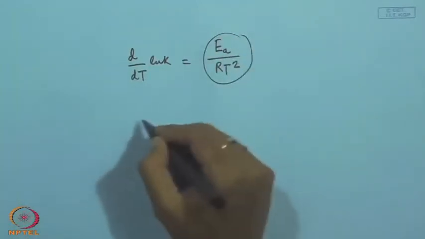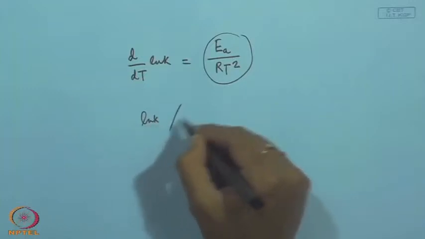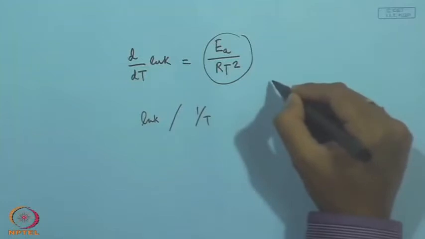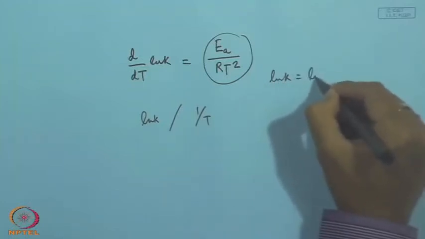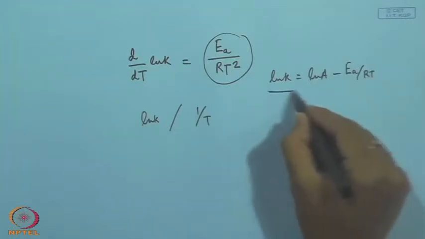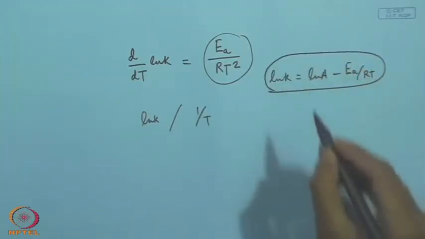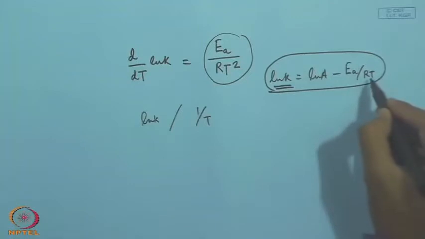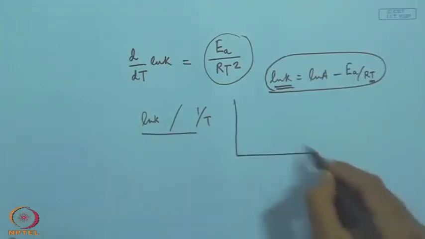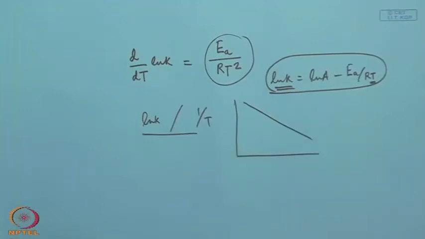Therefore, if you plot ln k versus 1/T, taking the logarithm of your original expression, then ln k = ln A - E_A/RT. If you plot this, it will give you a straight line with a negative slope.